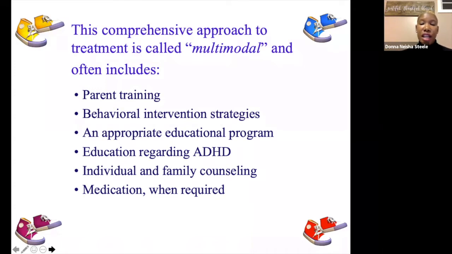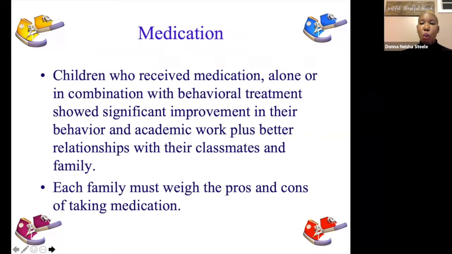It also includes education regarding ADHD, individual and family counseling, and medication when and if required. So all of these come together to give us that multimodal treatment approach, where not just one thing may work. It needs several components to come together to have success where a child who has ADHD is concerned.